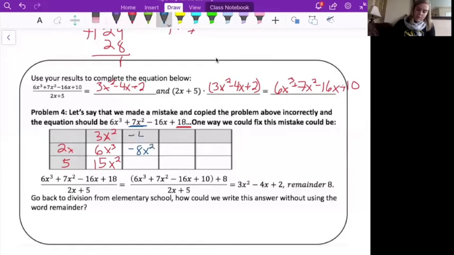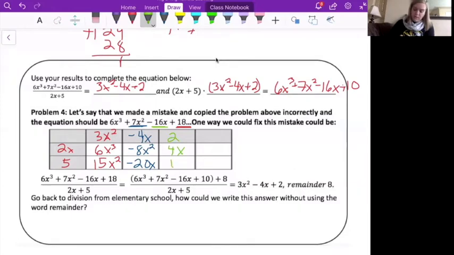So then this would be negative 4x, because negative 4x times 2x gives us negative 8x squared. So this would be negative 20x. Then we want to add 4 to get to negative 16. So then this would be just 2.